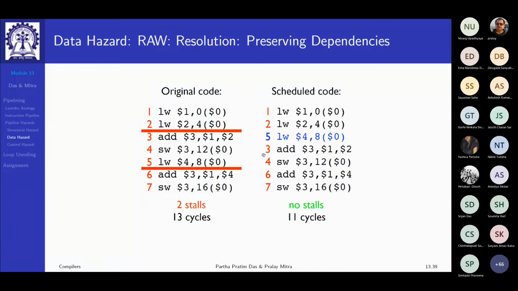Then 3, 4, this is the only move that has happened, and now you have a stall free schedule. Of course, this is not taking all possible hazards into consideration, but this shows the way the algorithm can actually get rid of the data hazard with a minimal number of stalls to give you a workable schedule.